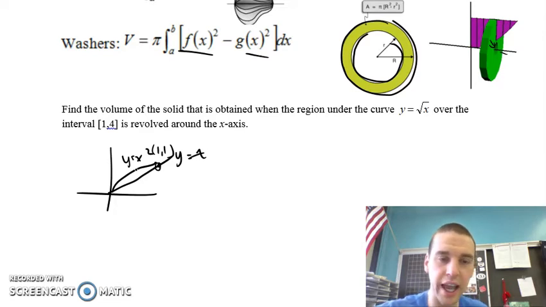If I'm looking at revolving this about the x-axis, then the only part that I want to actually revolve is this part. That's why I'm going to do top curve minus bottom curve.